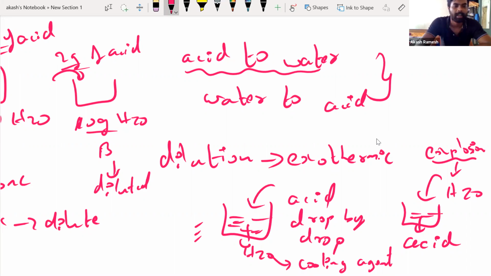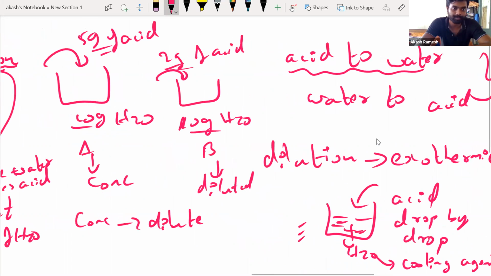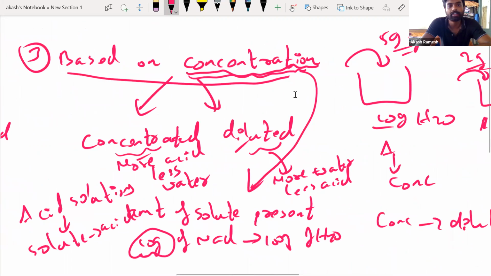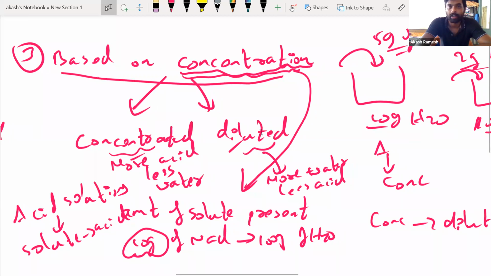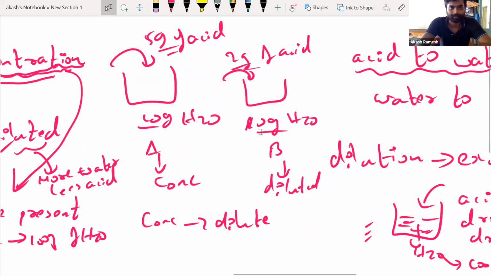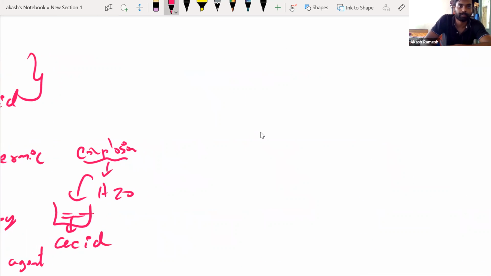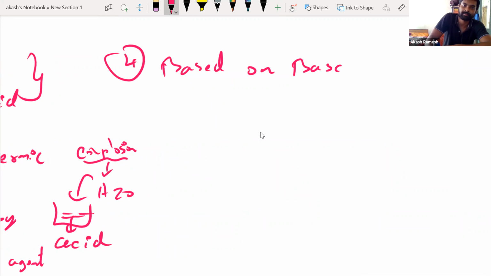I think everybody understood. That is what is based on concentration, concentrated acids and diluted acids. As I told you, these are not connected with strong and weak acids. Okay, moving on. The next classification, the fourth, is based on basicity.